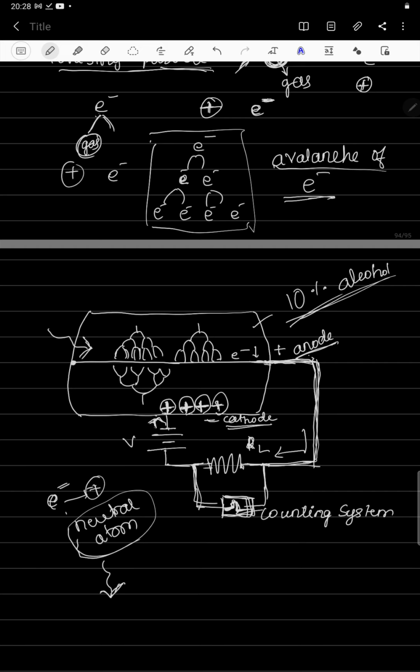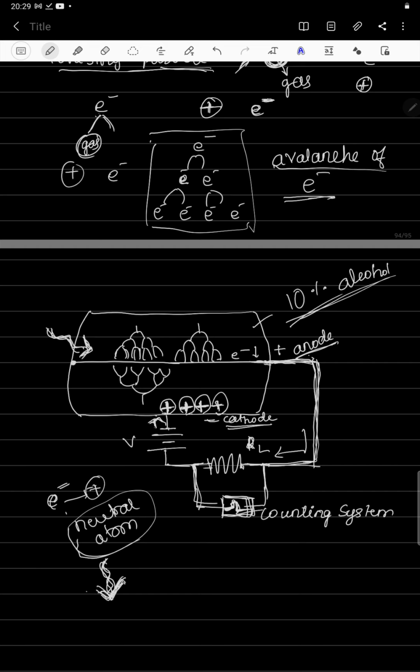These photons may again create an avalanche of electrons by colliding with the gas molecule. But what we want to count is only the radiation coming from the radioactive isotopes. We don't want to count the electrons or pulses created during this phenomenon.